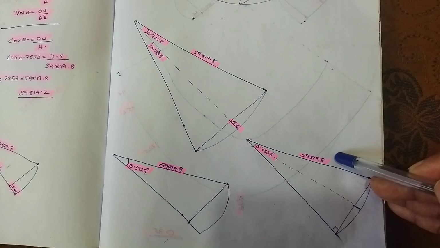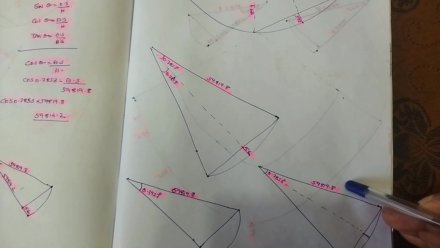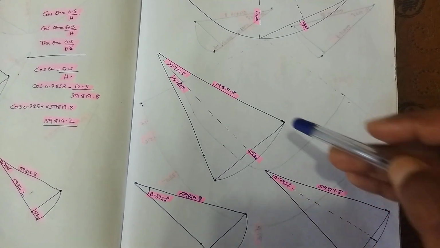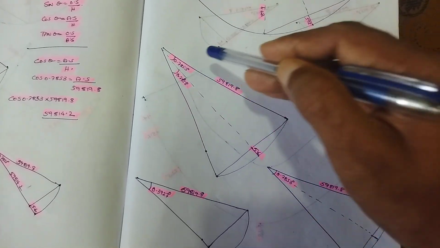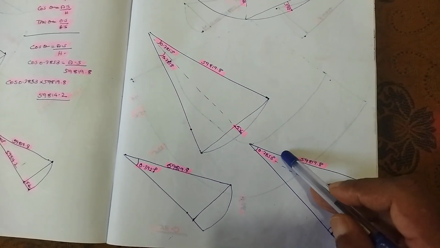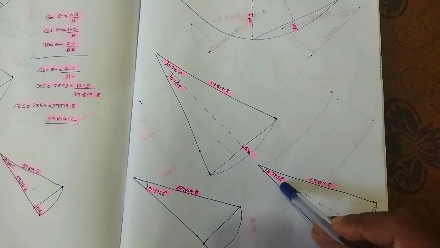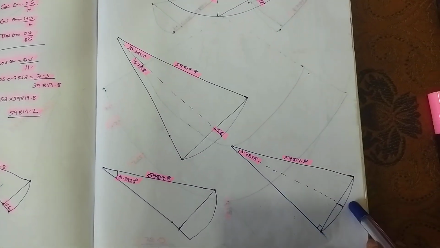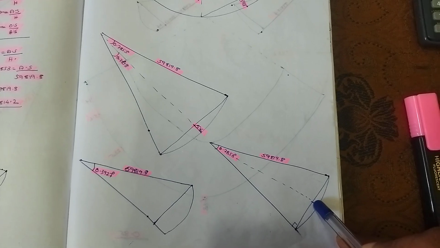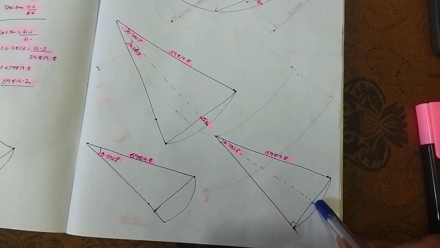59,819.8. Once again I have written it here. This degree from here to here is 0.7853. That is the degree from here to here, because I have written the half portion. But we have to find out its center distance.